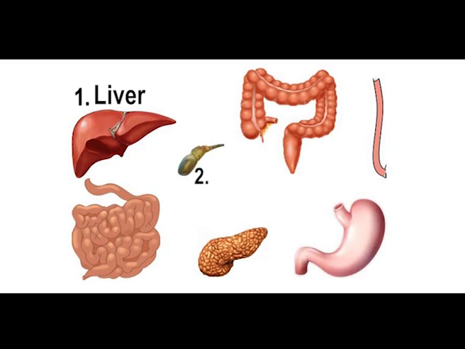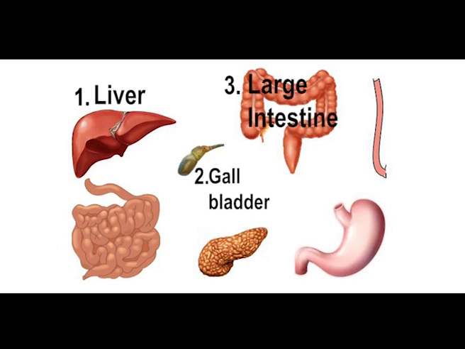The second part, the small one, I'm sure all of you have recognized it as gallbladder. Then third one, I'm sure 100% of you get the correct answer, that is the large intestine.